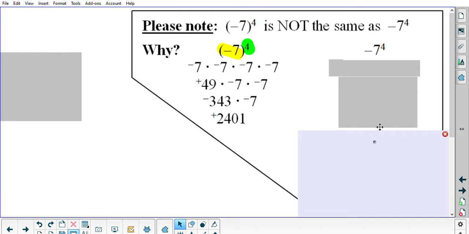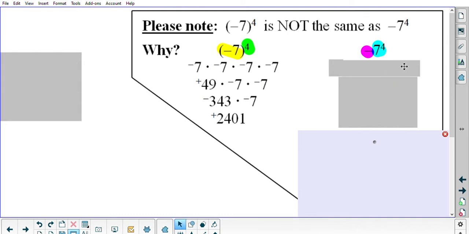Well, what happens if I don't have the parentheses around the -7? Well, then what it means is that only the 7 is being taken to the 4th power. Believe it or not, with order of operations, the negative would be dealt with last if it's not in parentheses with the 7.